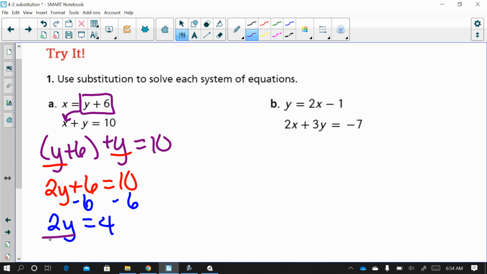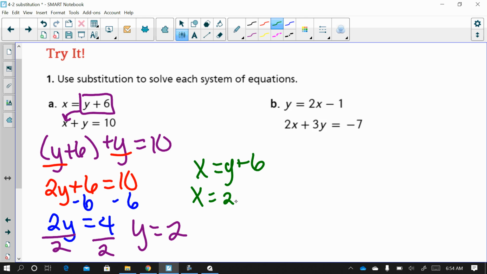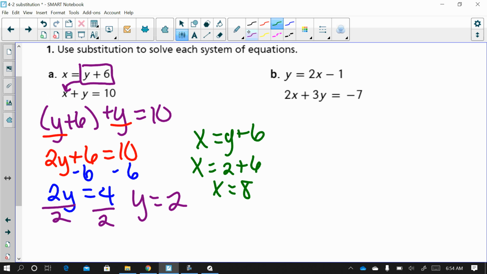Divide by 2. y equals 2. Now I've got to solve for x. So I'm just going to take my y equals 2, stuff it right back into the first equation. x equals y plus 6. x equals 2 plus 6. x equals 8. Final answer, ordered pair, (8, 2).